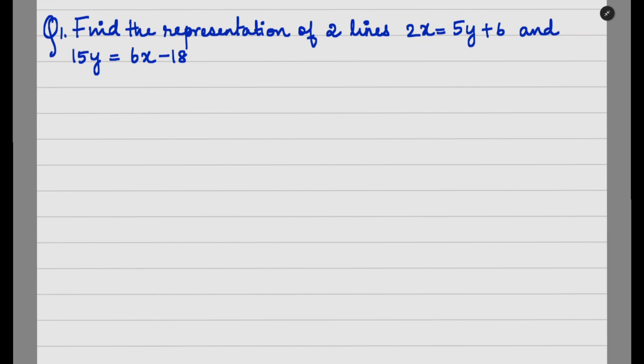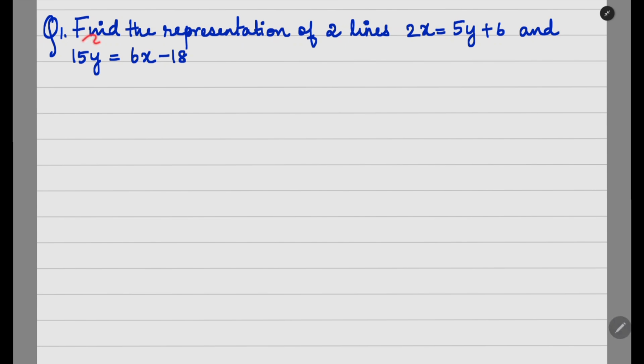So in today's video, we will be starting a series of questions from the chapter Pair of Linear Equations in Two Variables. To begin with, the first topic for today is all about solving a set of linear equations, or representing a system of linear equations, in a graphical method.